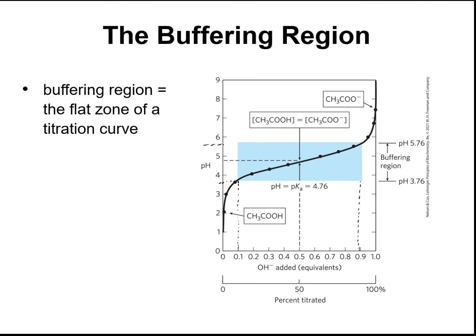That's what a buffer is. So that zone around the pKa where the pH isn't changing very much is exactly where you want your buffer to be. So if you're trying to come up with a buffer for a system, you want to find something that has a pKa that's approximately the pH that you want your system to be.